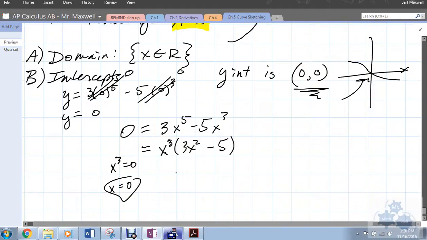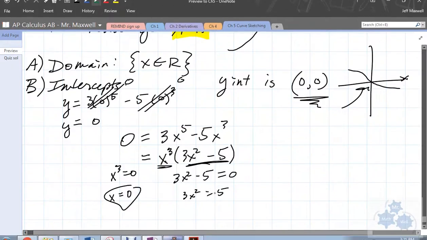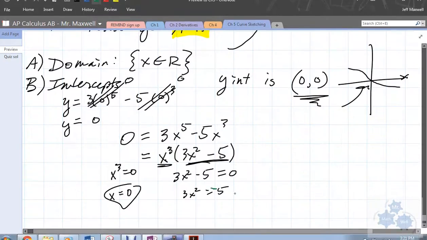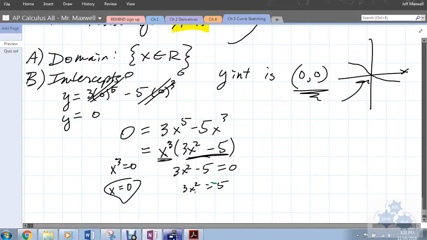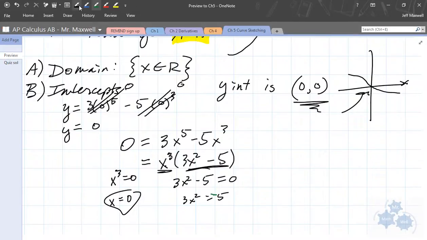And what about this? 3x squared minus 5. Where does that equal 0? Because, again, where either of the factors equals 0, that's where we have this product being 0. So, okay, we've got 3x squared equals 5. Now, here's the thing. If this was a negative 5 right here, you can't take the square root of a negative number, so there'd be no x-intercept represented there.